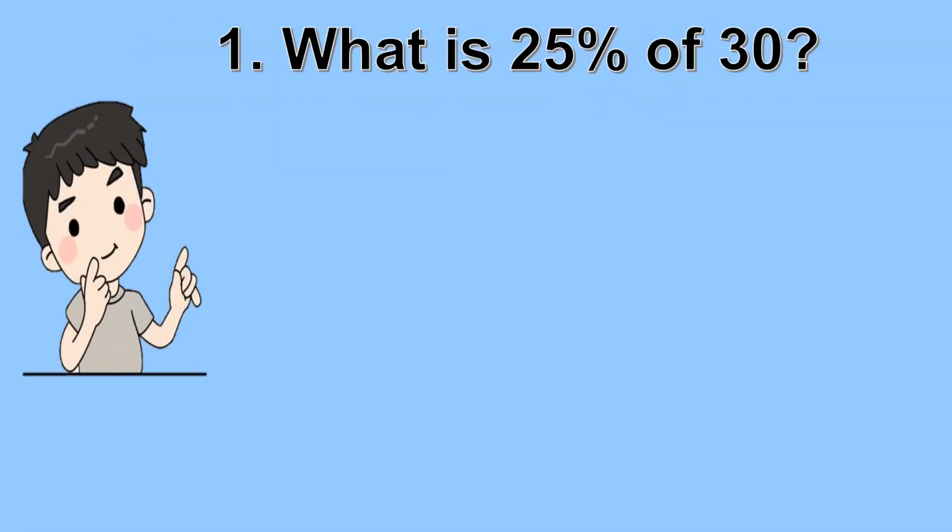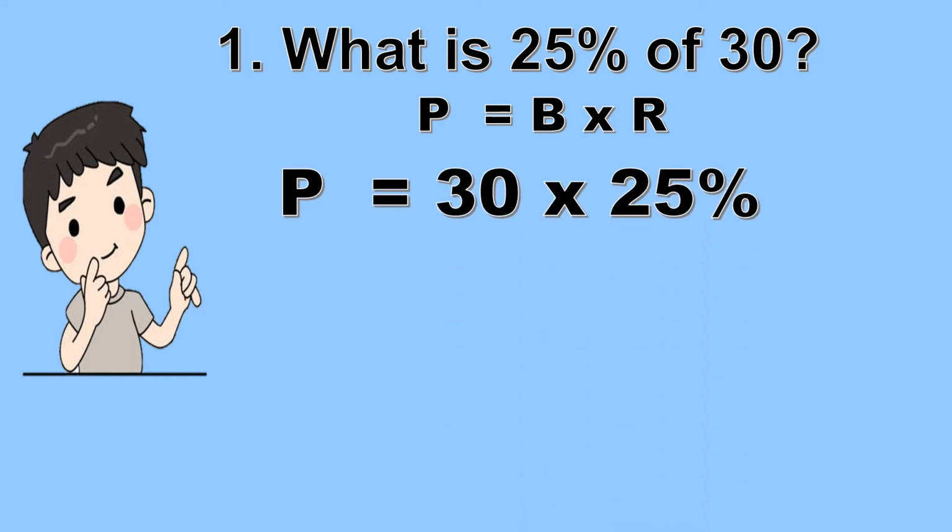Now, let's solve problem number 1. Since the unknown is percentage, we will use the formula of percentage. P equals base times rate. Then, substitute the value of the base and the rate. P equals 30 times 25%.